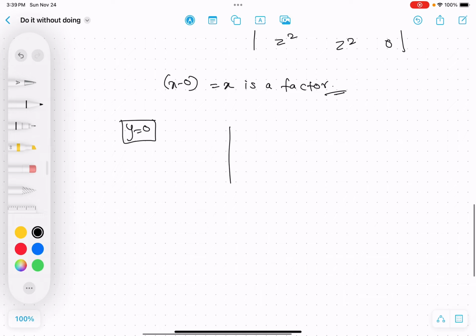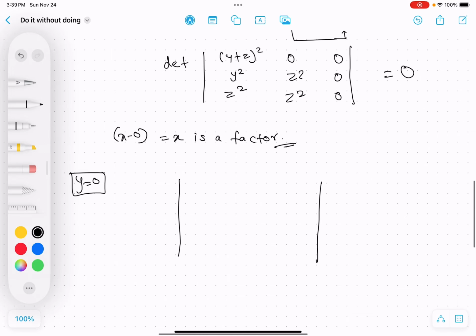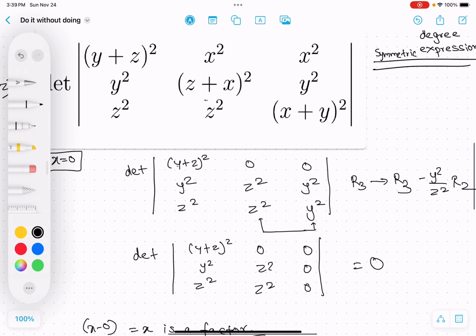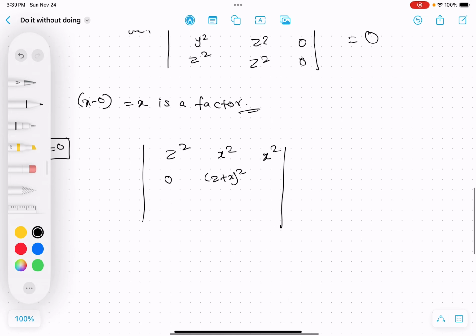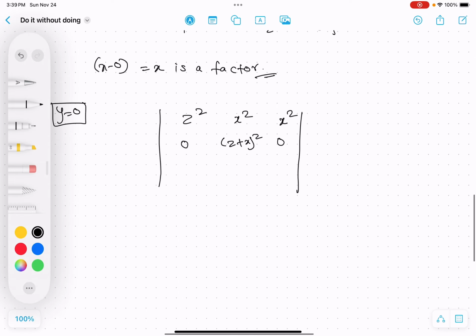Now let's try y equals 0. z square, x square, x square, 0, z plus x square, 0, z square, z square, x square, z square, z square, x square.